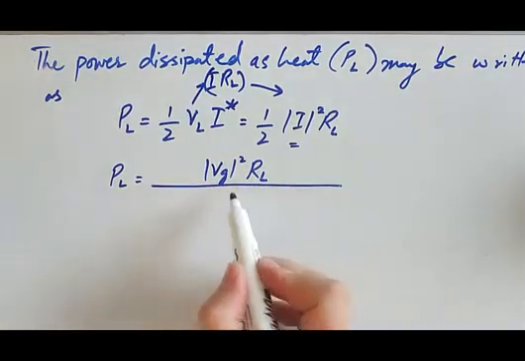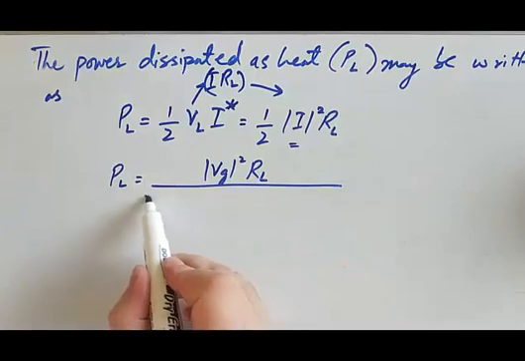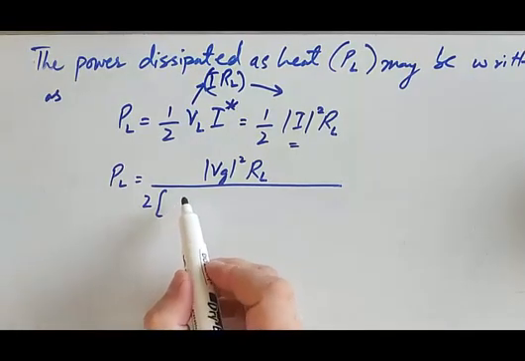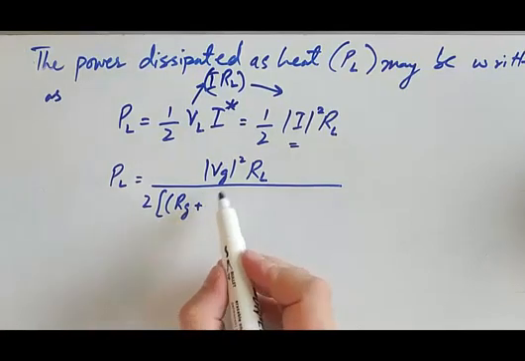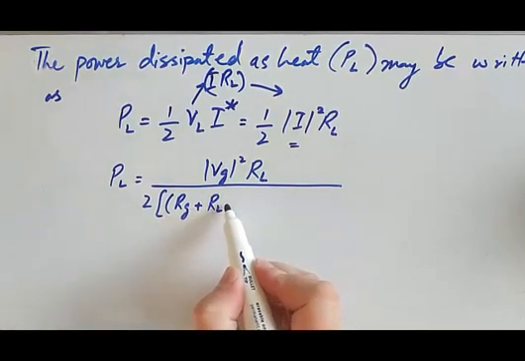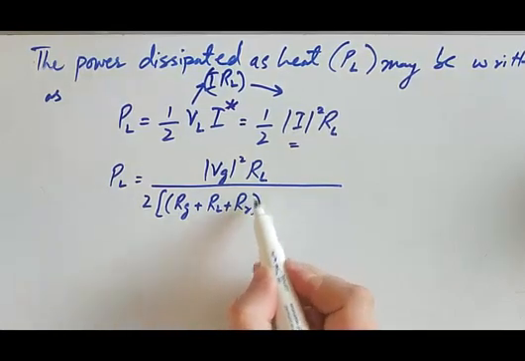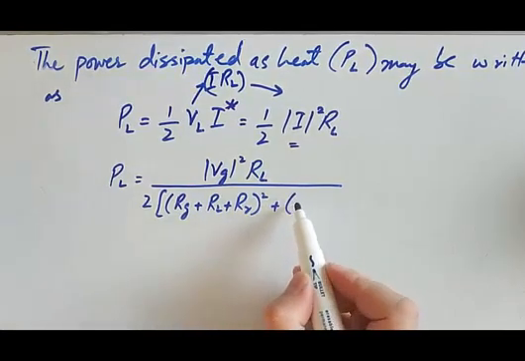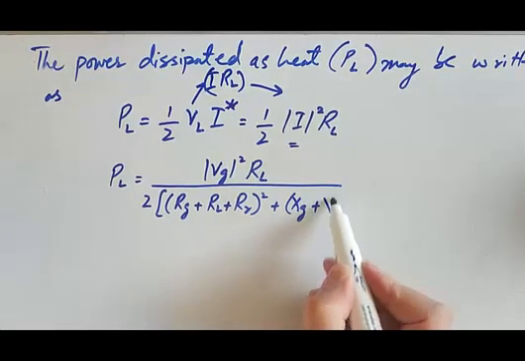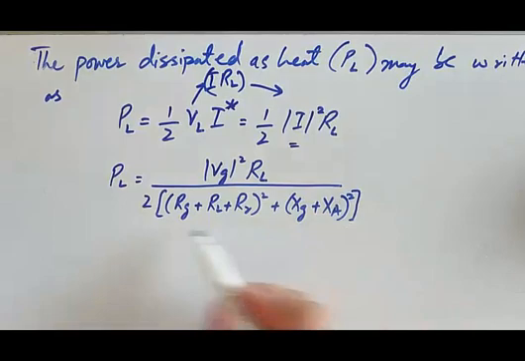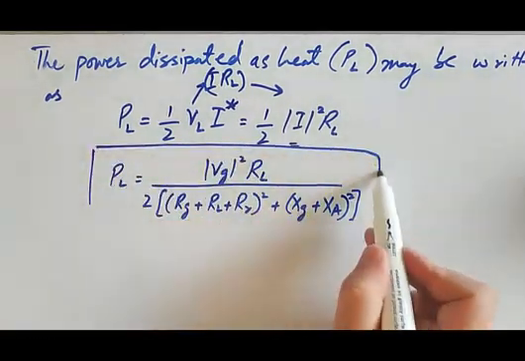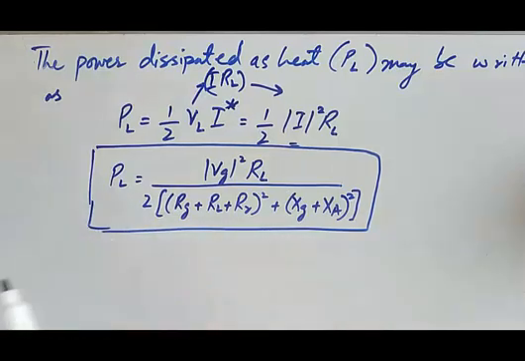This time it is RL because it is loss resistance, and the same in the denominator, which is (Rg plus RL plus RR) squared plus (Xg plus XA) whole square, multiplied with 2. So this equation shows the power dissipated in the antenna.